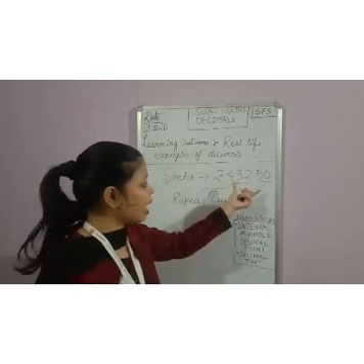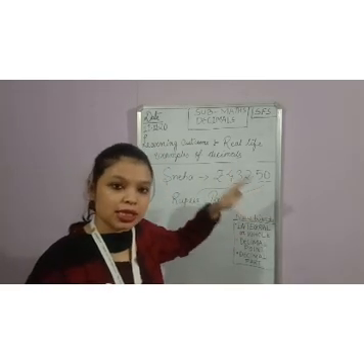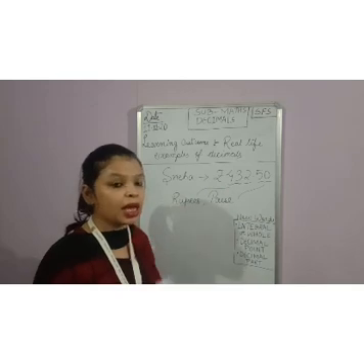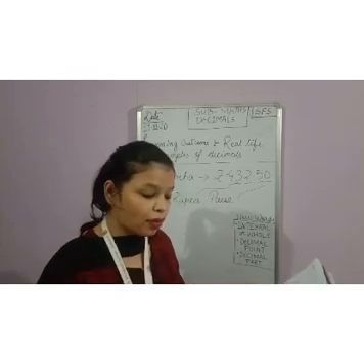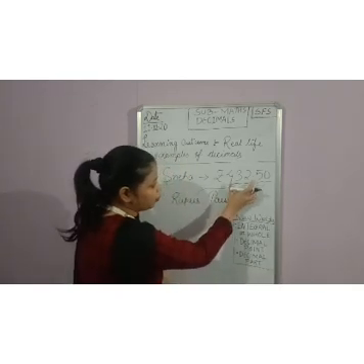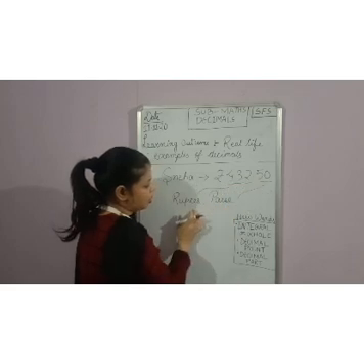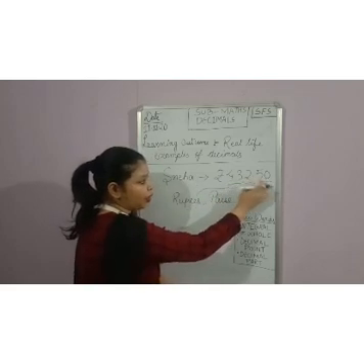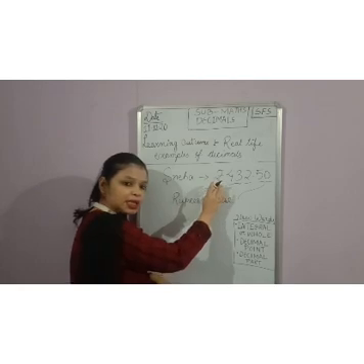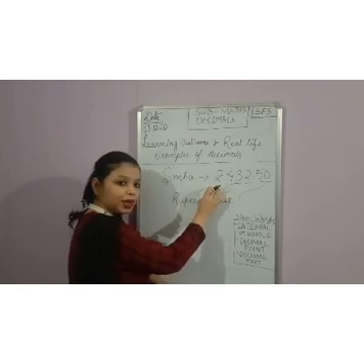Now how to write this in words? Because this is a decimal number, this is money. We know the number before the point is known as rupees, and after the point it is known as paise. It is represented by the rupee symbol.